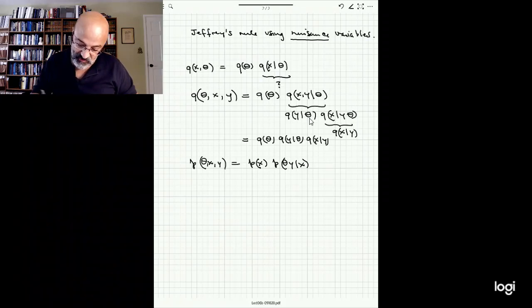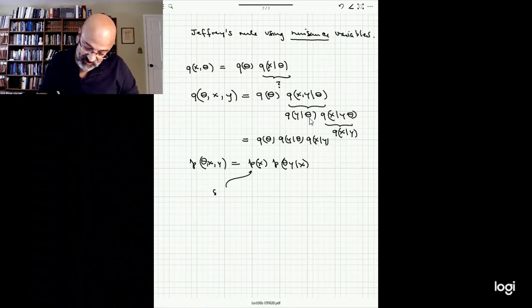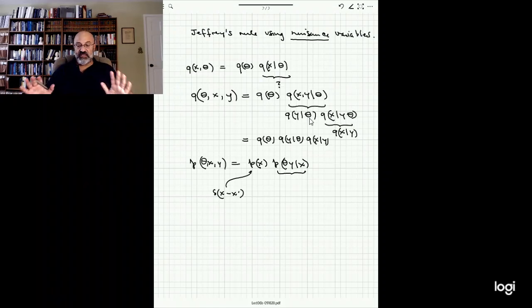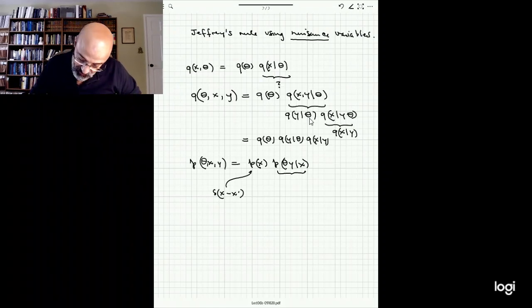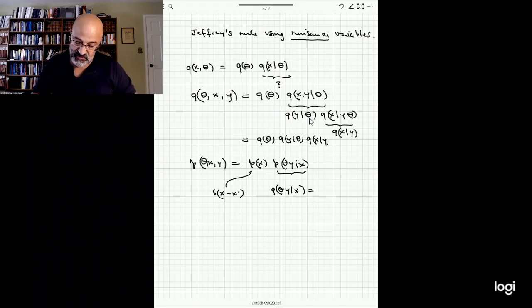And the way we're going to handle this is we're going to say when we measure x, this is where the update is. We measure x and we get x prime. And for this piece here, we're going to use exactly what we had before, which is q(theta, y | x), so you see, principle of minimal updating.